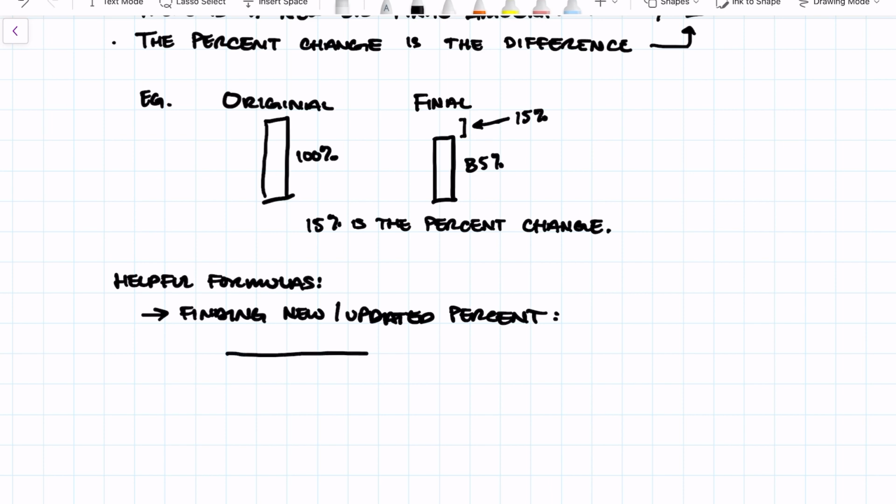You're going to take the new, or updated, or final number. This is assuming we're not really dealing with percents, because if you have a percentage, then you're pretty much done. You don't have to do calculations. And then you take the original number.